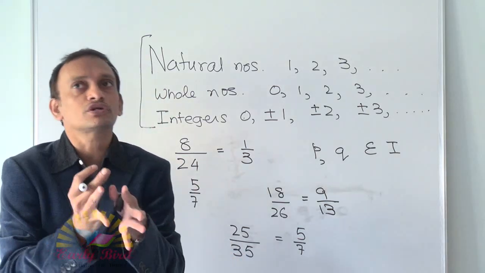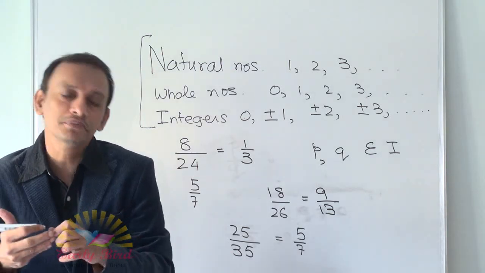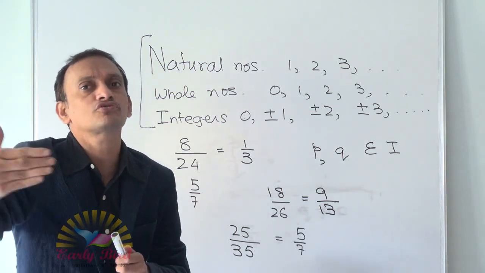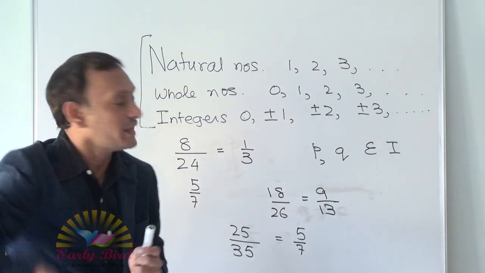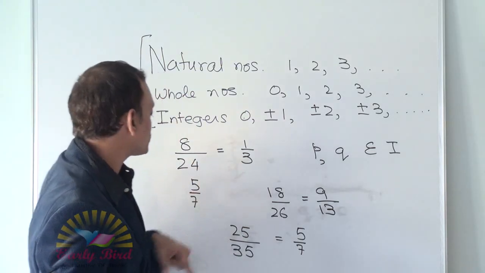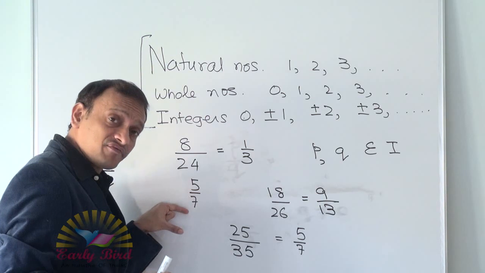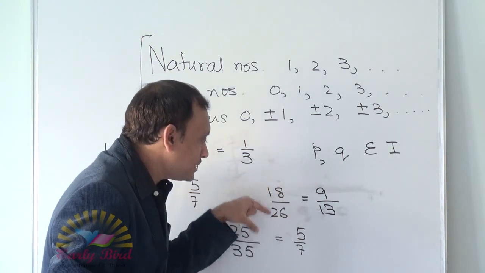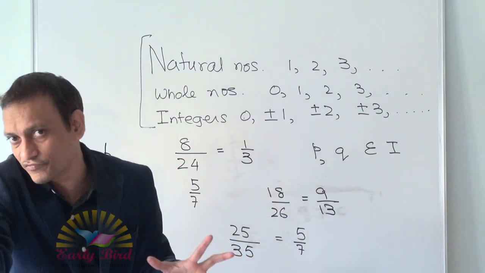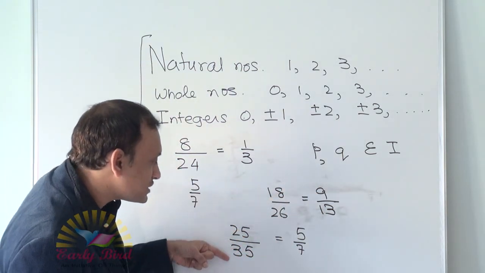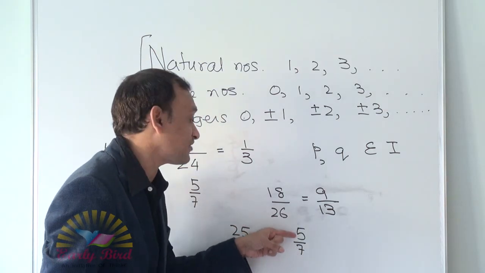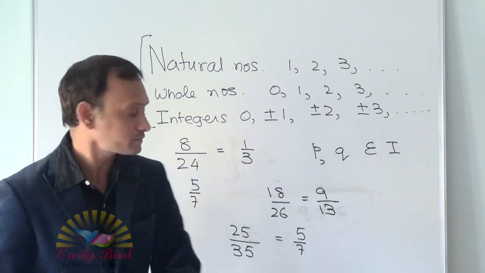For example, 1 and 3 have no further common factor, 5 and 7 have no common factors, 18 by 26 reduced to 9 and 13, which have no common factors other than 1 of course, and 25 by 35 reduced to 5 by 7, where the only common factor between 5 and 7 is 1.